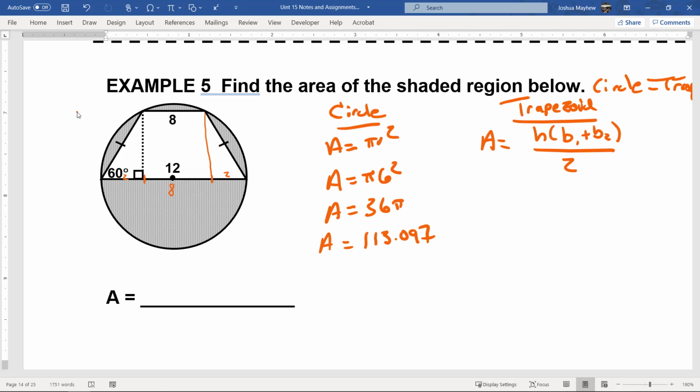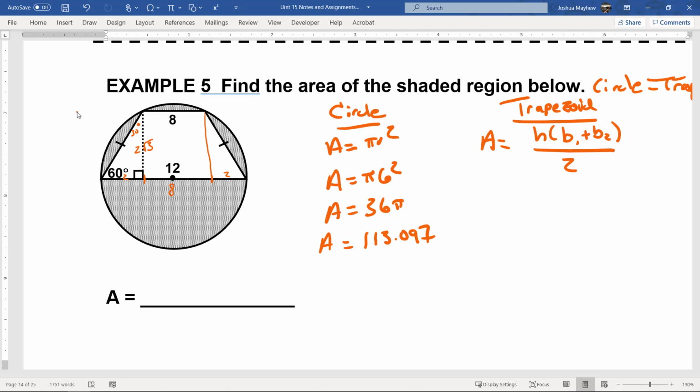So you can see that we have a 30-60-90 right triangle, and I know the short leg, and the height is represented by the long leg, so short to long would simply be 2 times rad 3. Okay, so that's the height of the trapezoid.